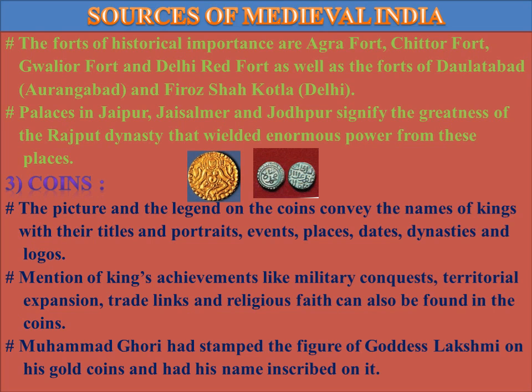The silver tanka was introduced by Iltutmish. Alauddin Khilji's gold coins and Muhammad bin Tughlaq's copper token currency are indicative of coinage as well as the economic prosperity or otherwise of the country at the time. Do you know? A jital contained 3.6 grains of silver, and 48 jitals were equal to 1 silver tanka in the olden times.